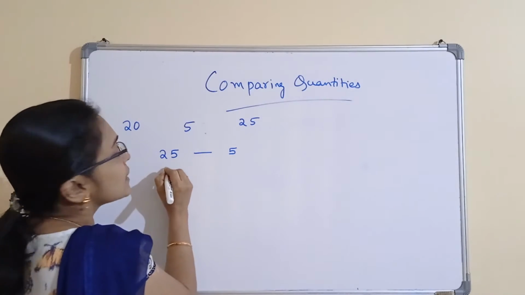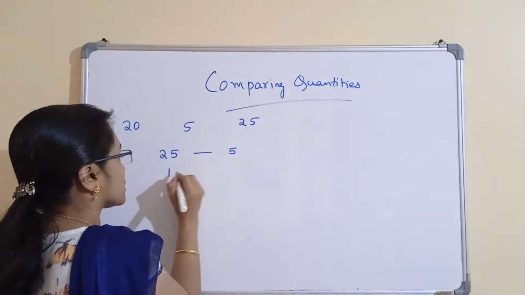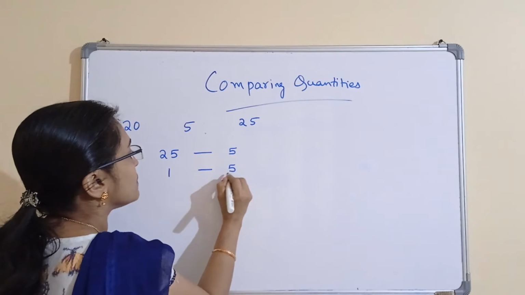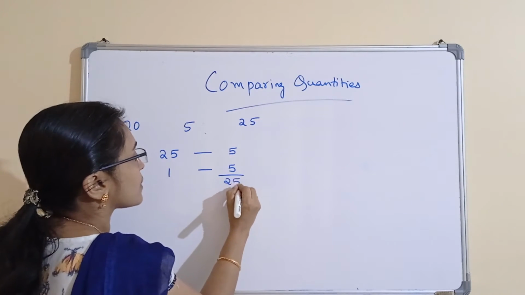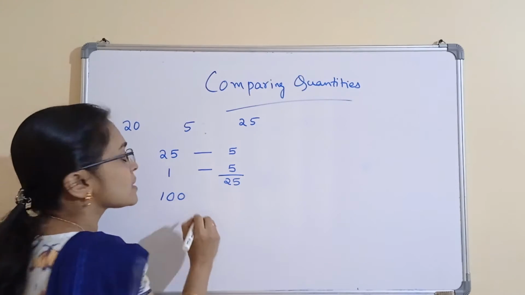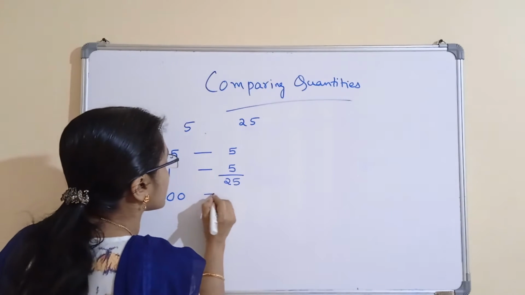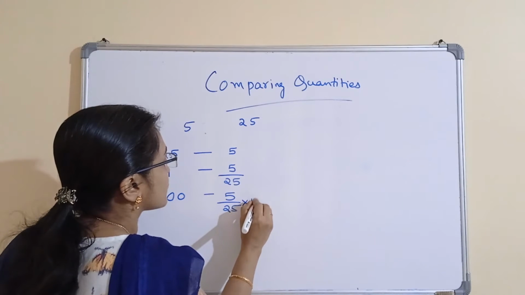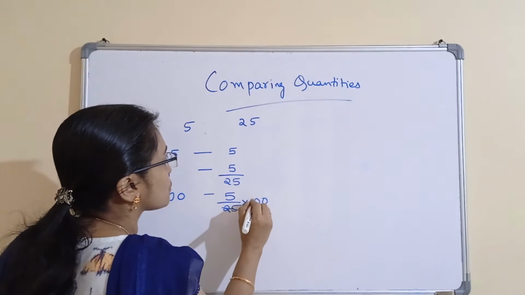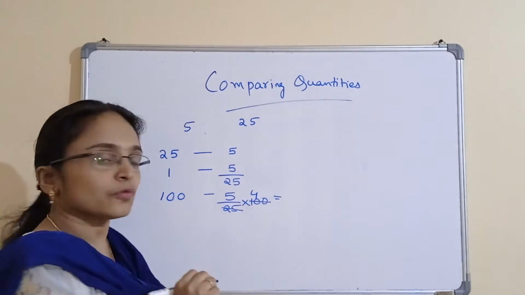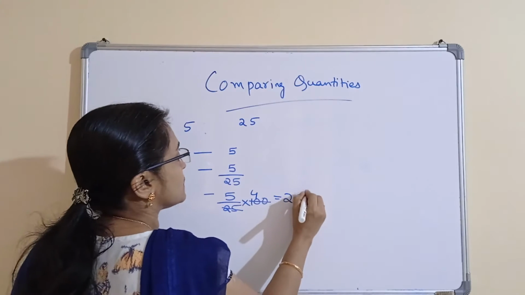So, if there is one fruit, how many oranges will be there? 5 by 25. So if there are 100 fruits, how many oranges will be there? 5 by 25 into 100. So 25 will go in 100 4 times. So 5 into 4 is equal to 20%.